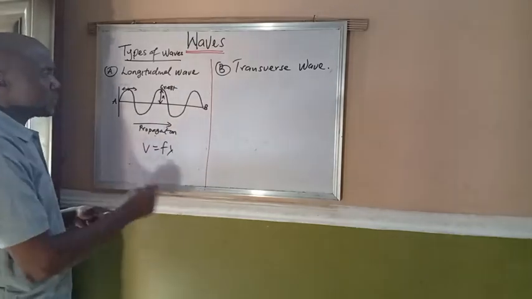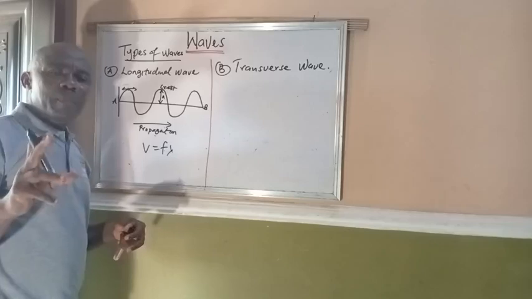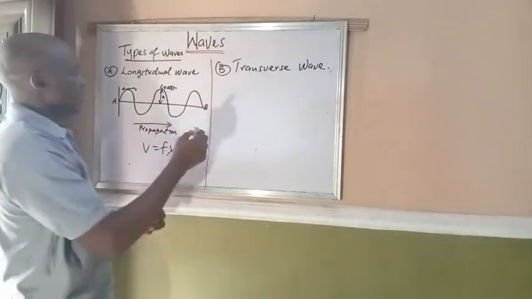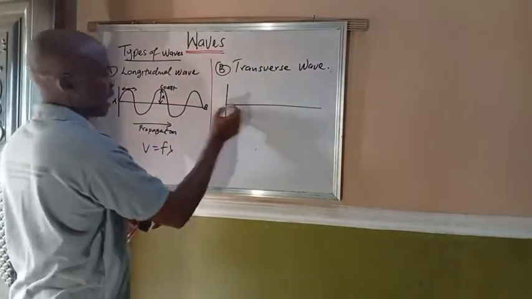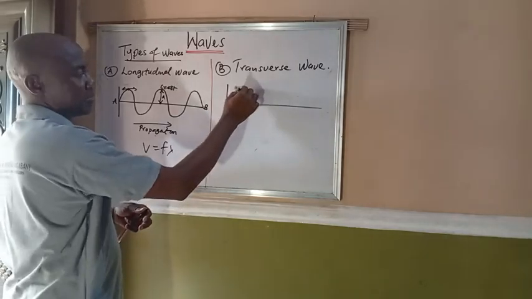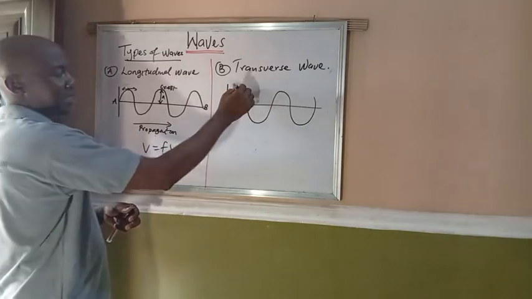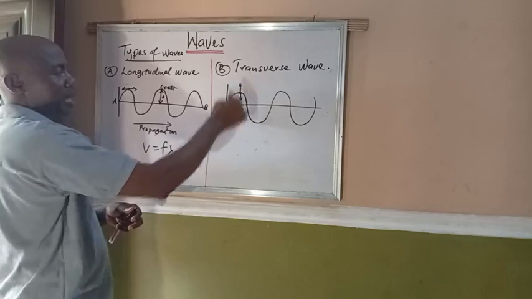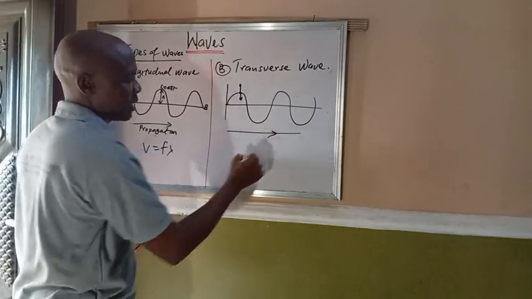Now, on the other hand, for transverse waves, the particles travel at an angle of 90 degrees, perpendicular to the direction of propagation. Look at the similar waveform that I drew for that one. If I have this wave, in this case, the particle is vibrating up and down at every point in time, and the wave is traveling this way.